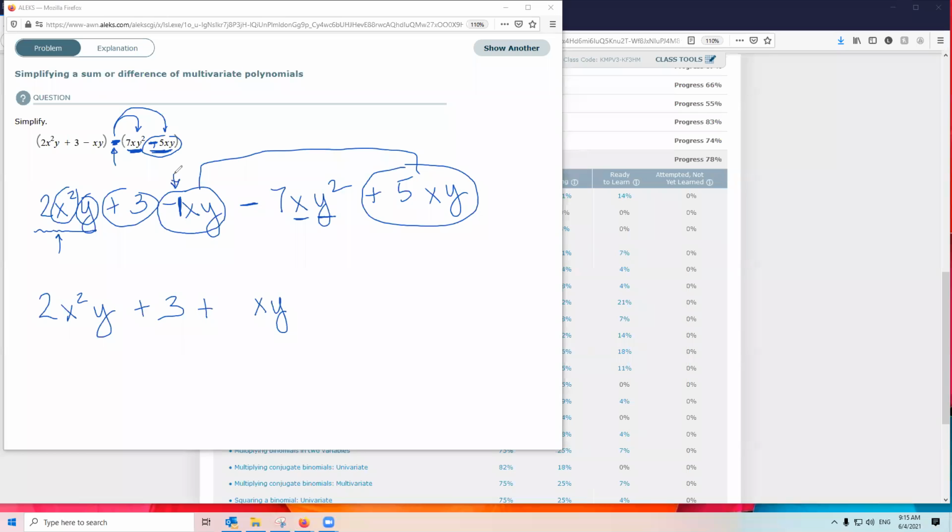Well, negative 1 plus 5 is a positive 4. And then the negative 7xy squared is alone with no other like terms. So this is the final answer. I can't do anything else to combine these terms together, so I just leave it as is.